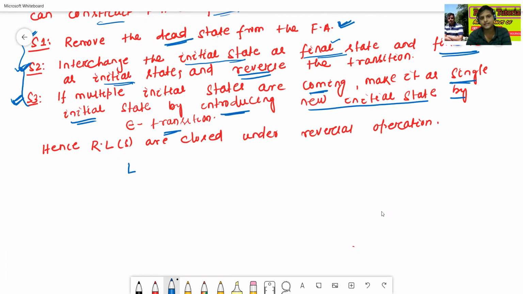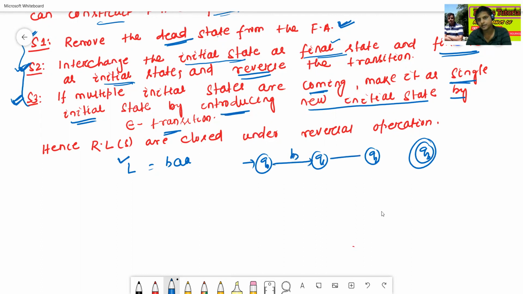Let the language L equal to BAA. Now we'll construct the finite automata for language L. This is Q0, Q1, Q2, Q3, with transitions B, B, A, A.